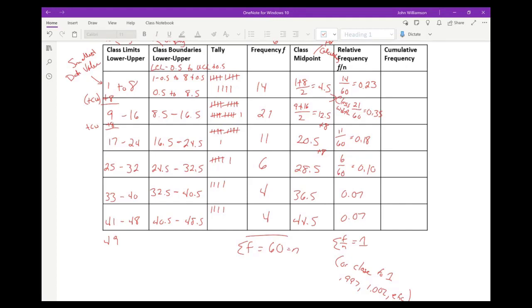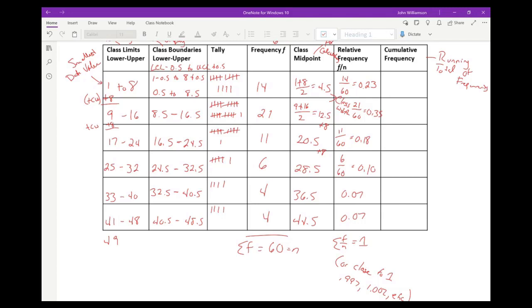And so the last column, cumulative frequencies. Think of this as basically your running total. It's kind of your running total of how many data values you've gone through at each row.